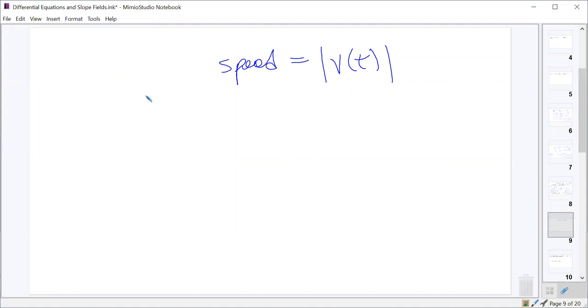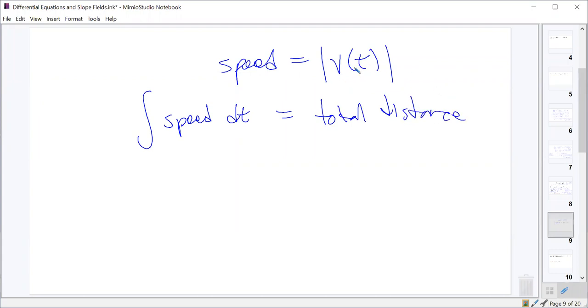Well, if you integrate the speed function, this gives you a total distance traveled because it negates all of these negative values that we would get from the velocity and just makes them all positive. So the integral of a speed function is your total distance traveled.